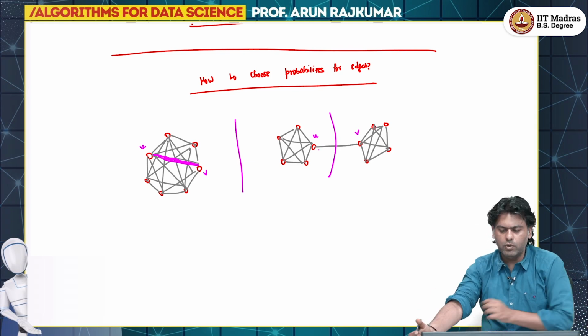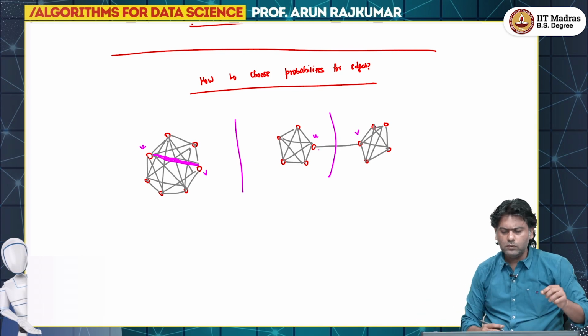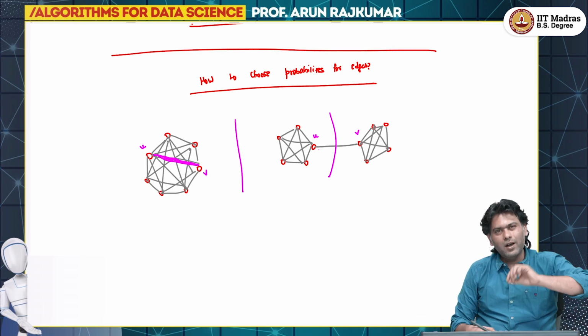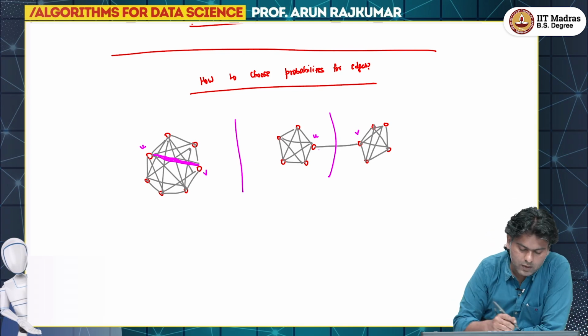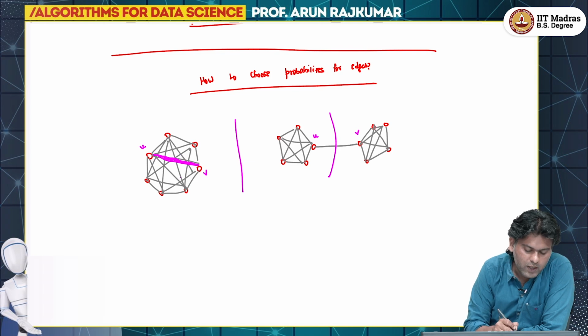Another way to think about this would be to say, how many paths are there from u to v? If there are more paths, right? So, in this particular case, if I take any edge uv, if there are n nodes, of course u to v directly there is a path because this is a complete graph, but then I can go to any node and then go to v.